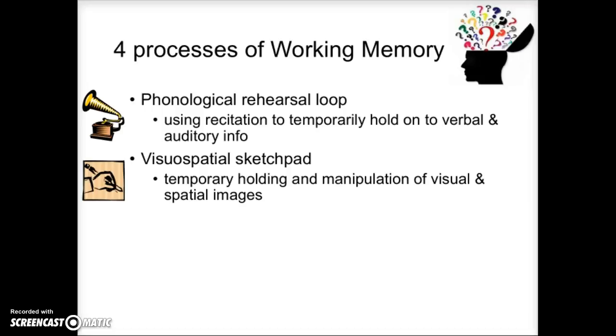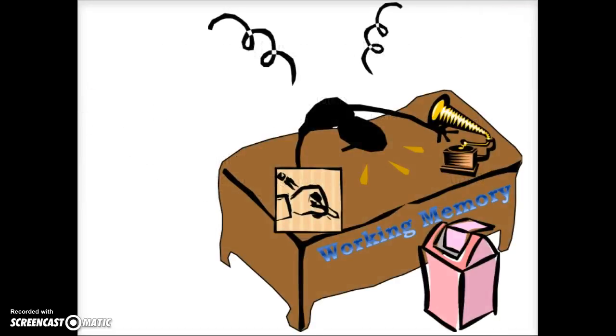That's part of the visual and spatial sketchpad. So you can think about that working memory desk that we talked about last time as having 2 things sitting on top. One, a record player that can play auditory and verbal information over and over, and the other, a visual spatial sketchpad you can use to manipulate and think about visual and spatial images.